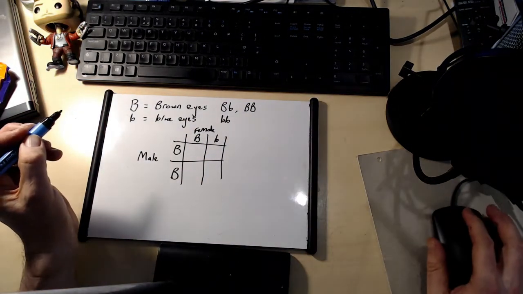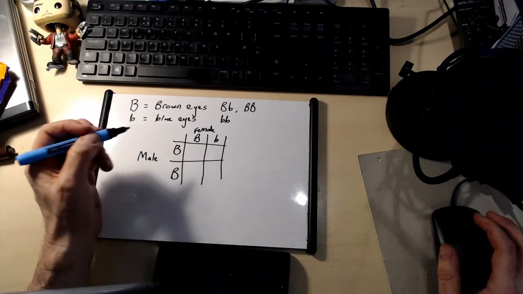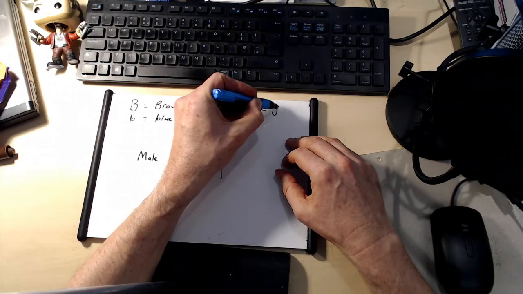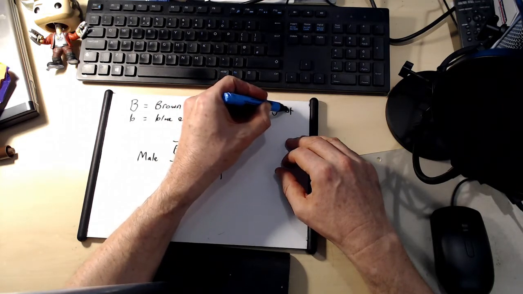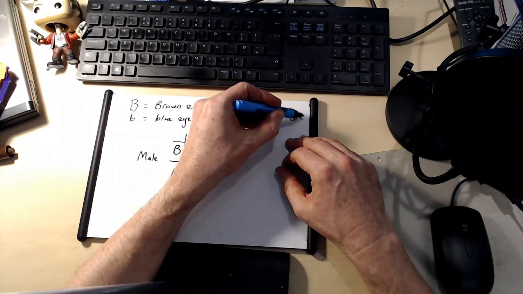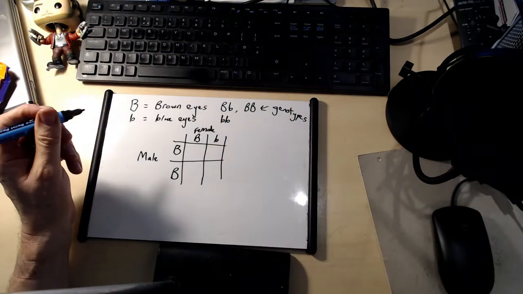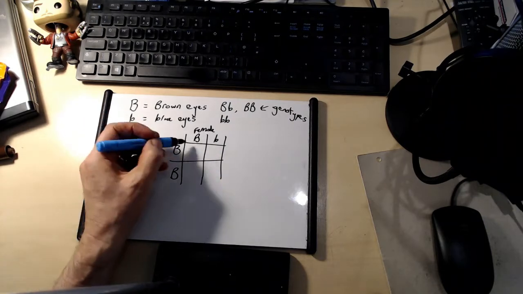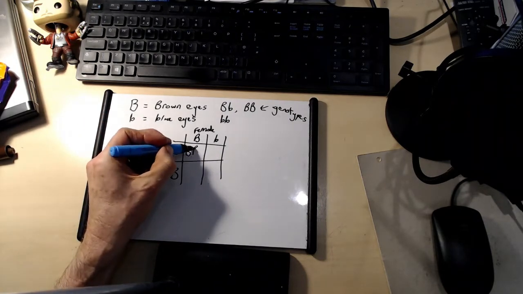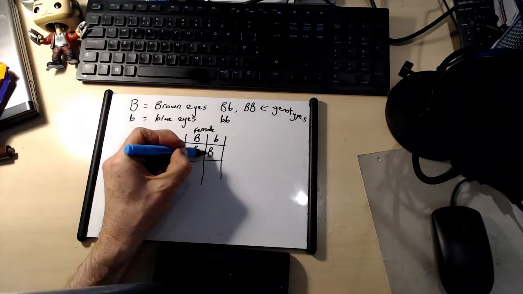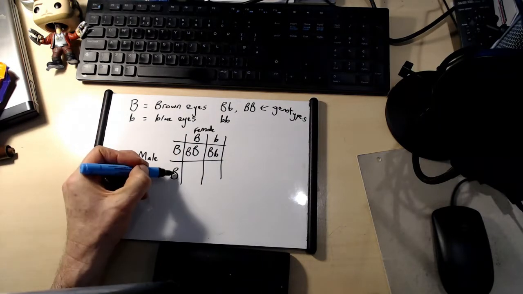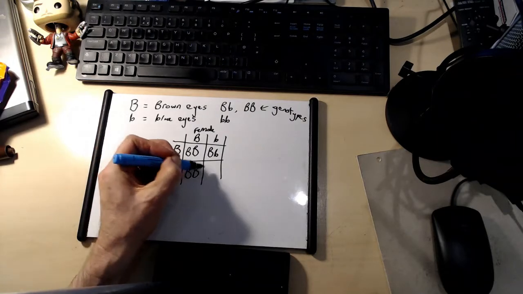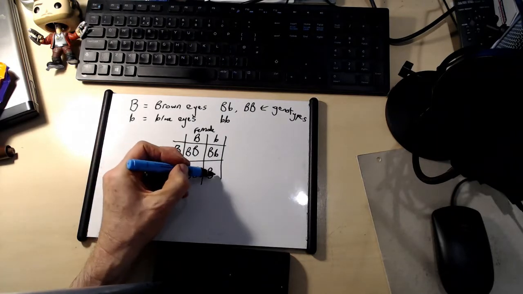So what we need to do is work out what the genotypes are. So these are the genotypes, okay, and then we need to work out, well, what proportion of offspring will have blue eyes or brown eyes. So this is the way I do it. So male, big B, female, big B, male, big B, female, little b, male, big B, female, big B, and then male, big B, female, little b.